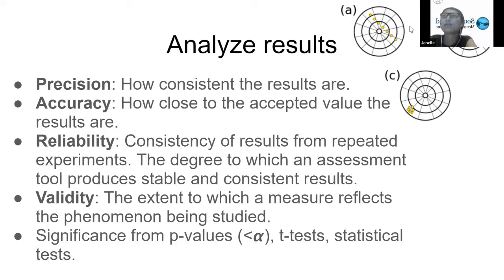And so I think a common diagram that many professors use to describe this is this target example. And so precision, how consistent the results are, would be like how many times you're getting that same result. And so C would be the best diagram to demonstrate that. And then accuracy, how close to the accepted value.